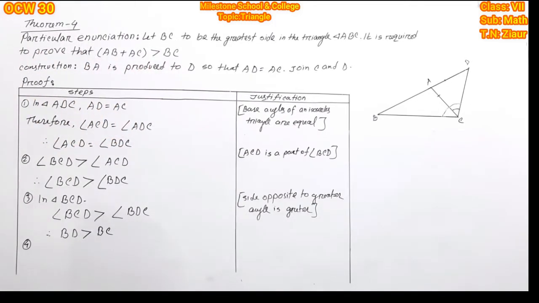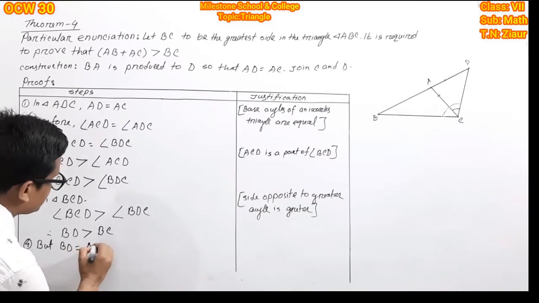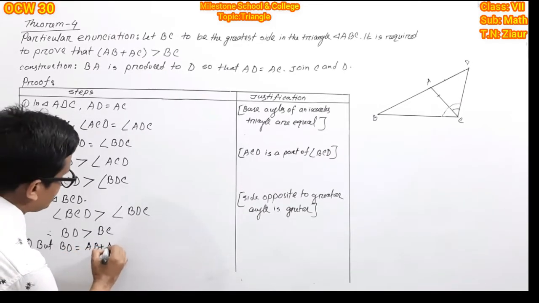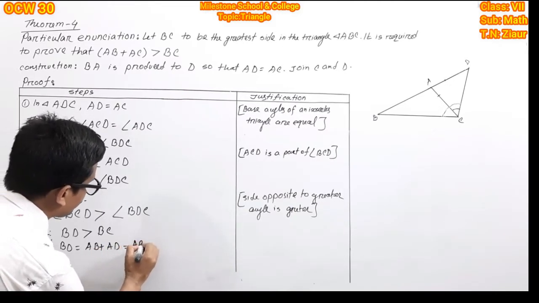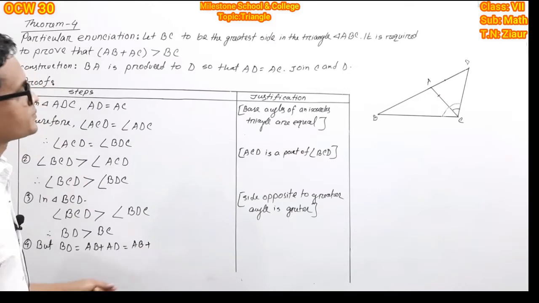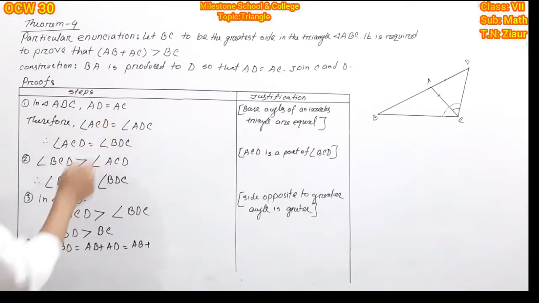So in step 4, BD is equal to AB plus AD, right? And in the first line I have written AD is equal to AC.